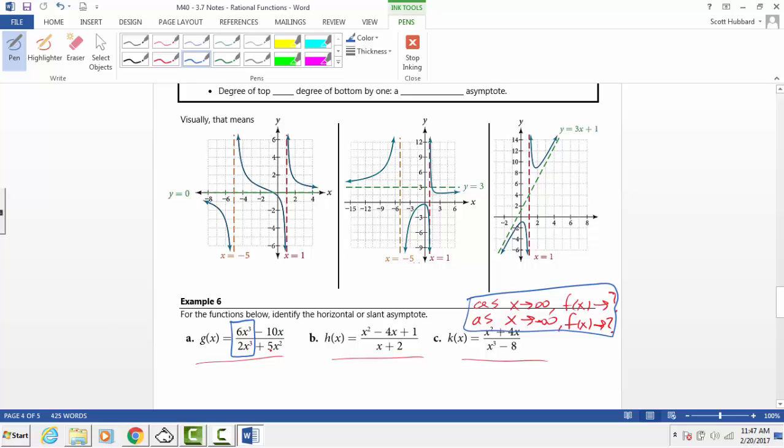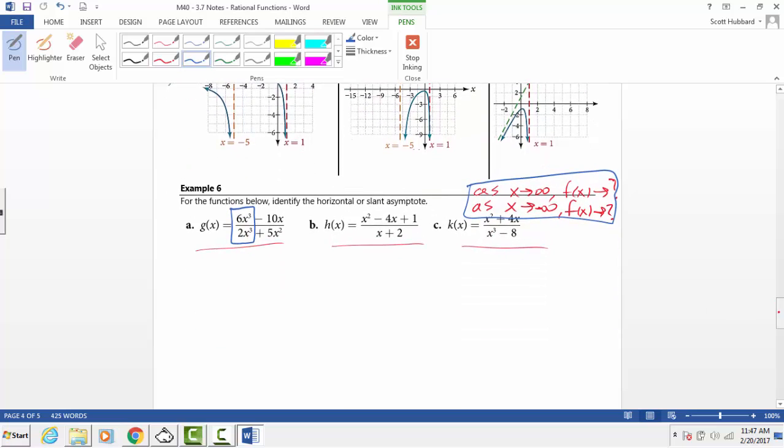I don't care about the negative 10x and the plus 5x squared, because the cube is way more important. So we really just care about the leading terms. And so because these are the same powers, this is basically the same thing as 6x cubed over 2x cubed, and that just cancels out, and that becomes 6 over 2, which is 3.